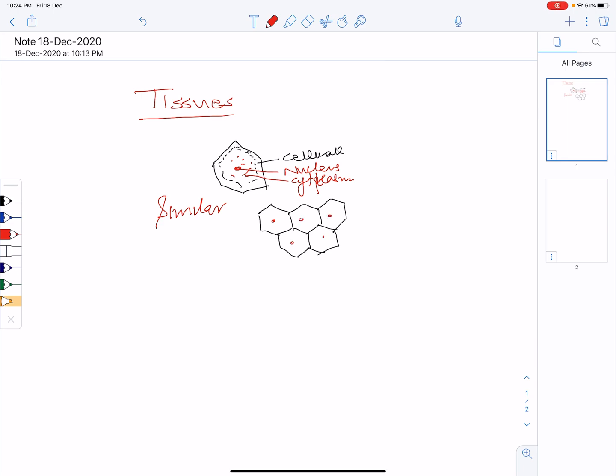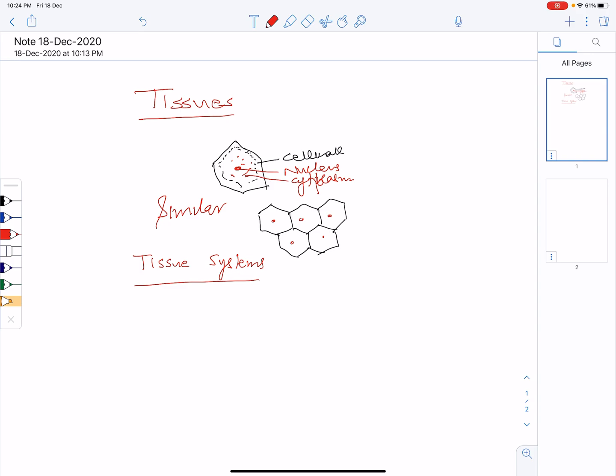This is a group of cells which are going to perform similar kind of functions. So these tissues will also form tissue systems. A single cell will group and form tissues. Now tissues will form a tissue system.